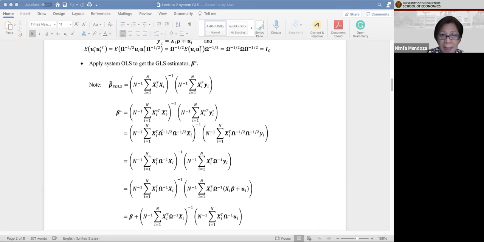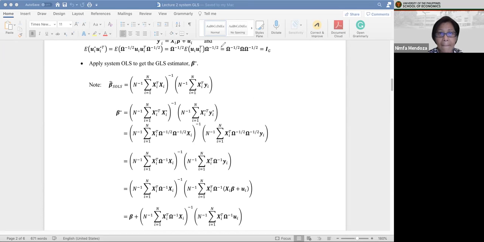And then we have X sub i transpose. And then for X sub i star transpose Y sub i star, we have this first part, X sub i transpose omega to the minus 1/2. Then Y sub i star is just omega to the minus 1/2 Y sub i.